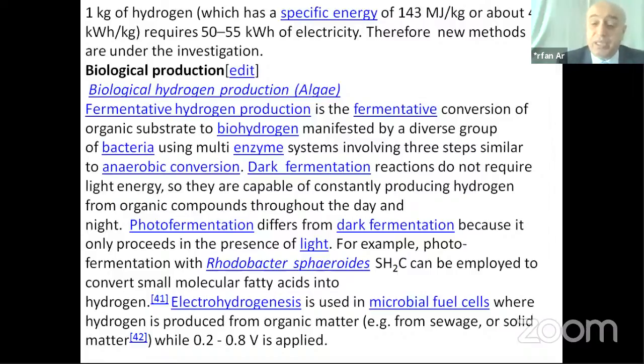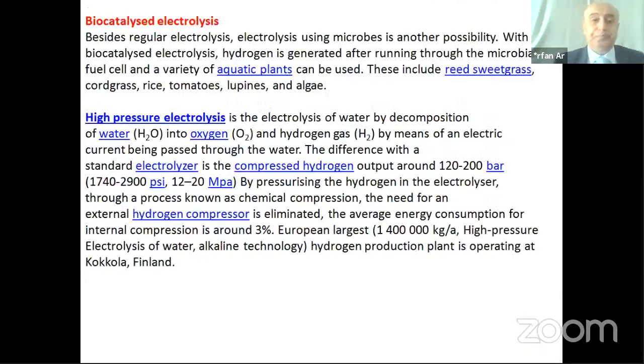Electrohydrogenesis is used in microbial fuel cells, where hydrogen is produced from organic or solid matter while 0.2 to 0.8 volts is applied. You'll see a very small energy requirement exists for hydrogen production using microbial fuel cells or microbial electrolysis devices.